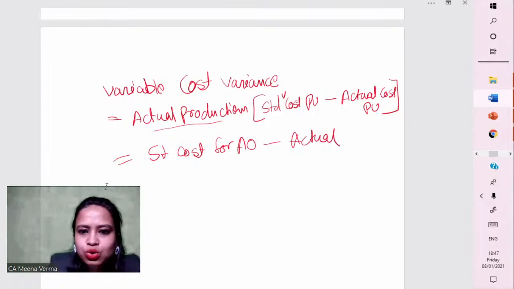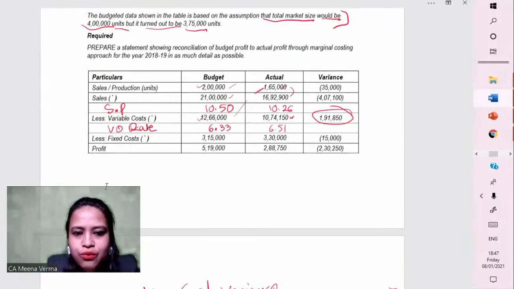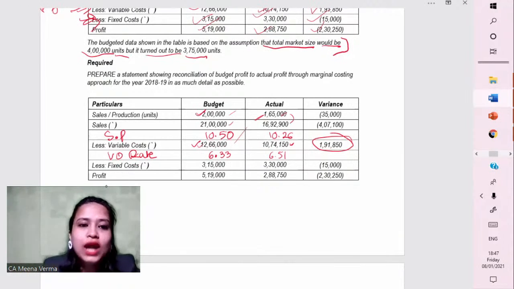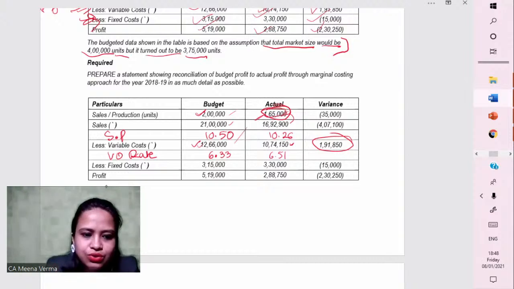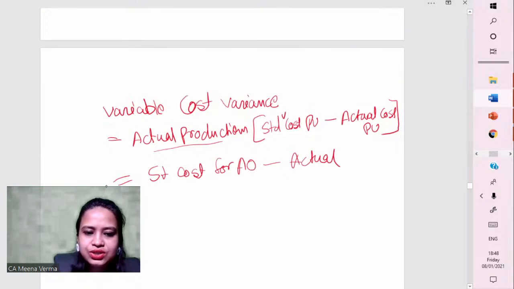So you cannot simply subtract these two values. Why? Because this variable cost is related to producing 2 lakh units, but actually we are producing 1,65,000 units. So for producing 1,65,000 units, we have to consider the standard cost for actual output, है ना? ठीक है? So that is why you can use this formula, actual production. ठीक है?